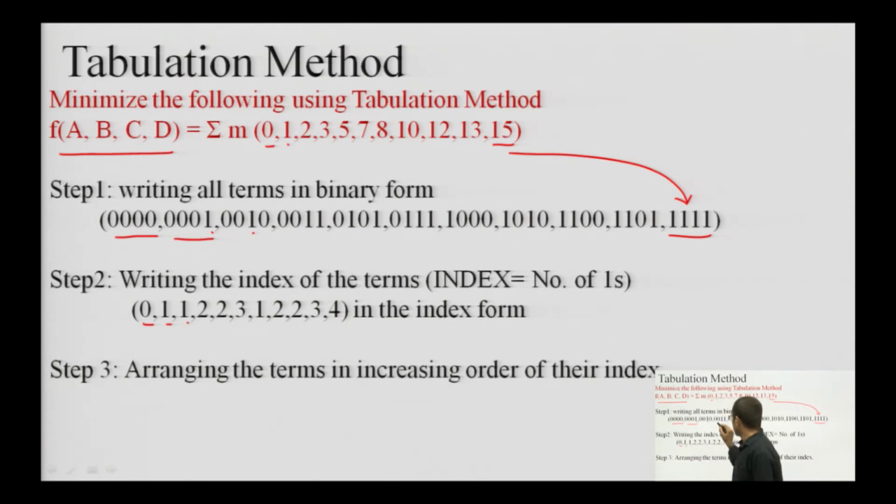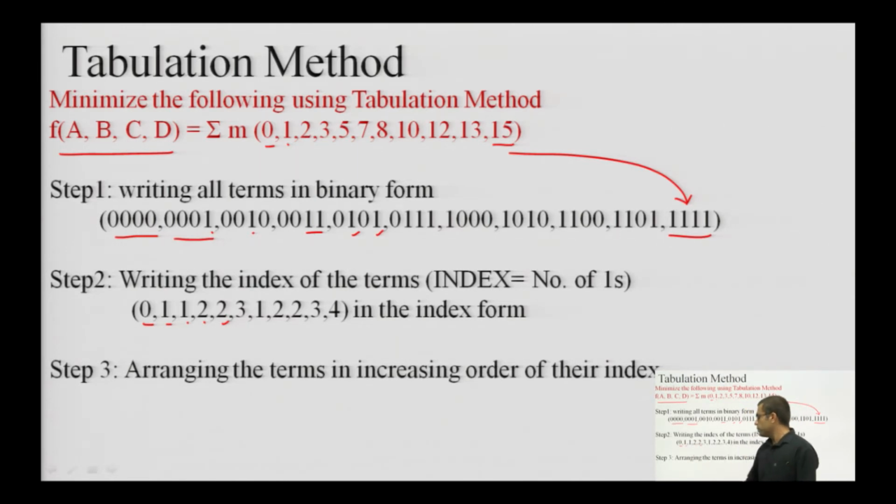Now, there are 2 ones here, so I have mentioned 2. Similarly, there are 2 ones in this one as well, so I have mentioned 2 again. The number of ones in a binary number is termed the index of that binary data. So, we have calculated the index of all these binary terms.